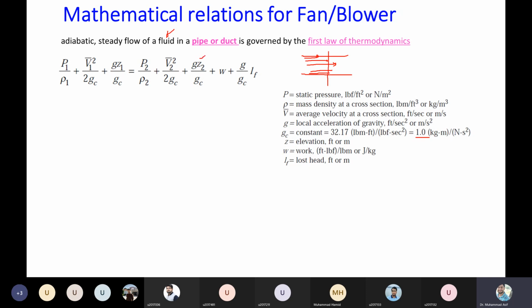Z is the elevation, right? L is the loss head, right? W is the work. In case of a fan, this is a work input, right?